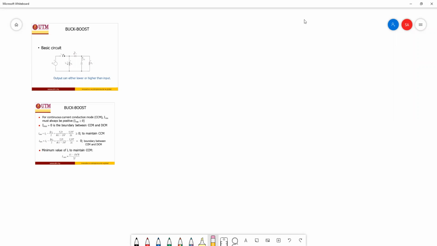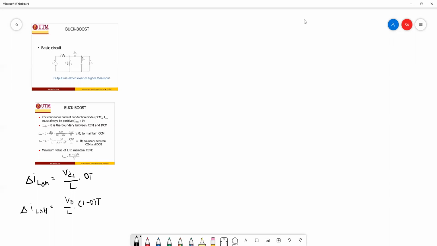So this lesson is about the analysis of the inductor current for the buck-boost converter. I would like to write again the main equations that we derived earlier. IL during turn on is equal to V source over L multiplied with T on, and IL during turn off is V out over L multiplied with T off.